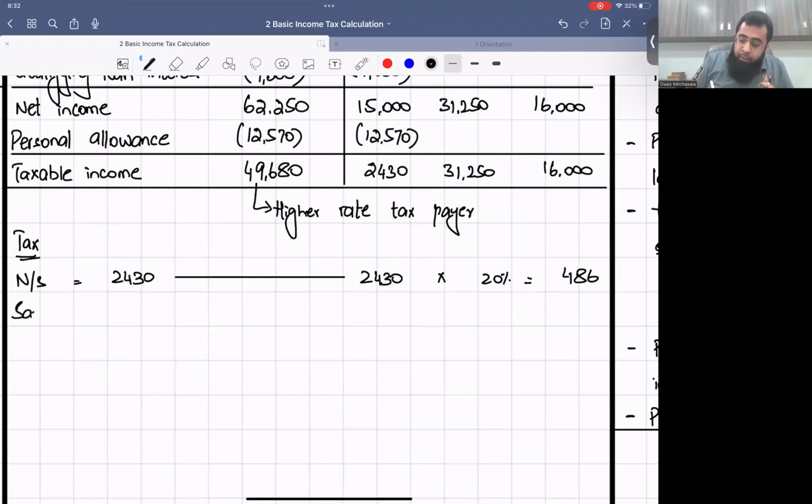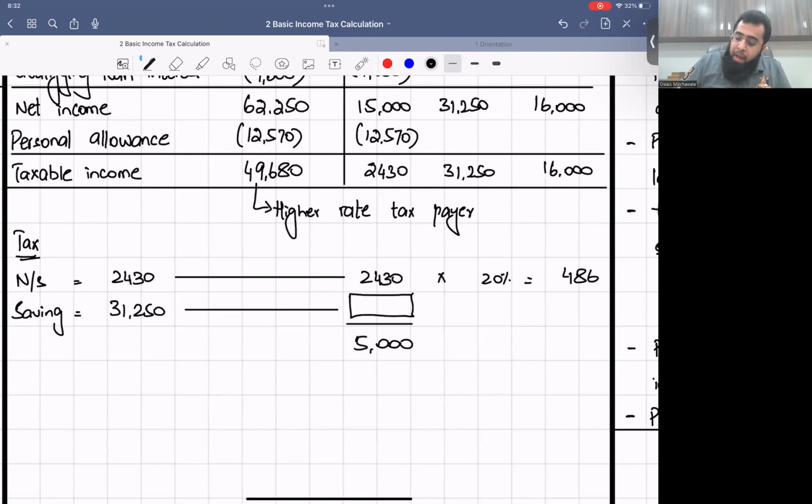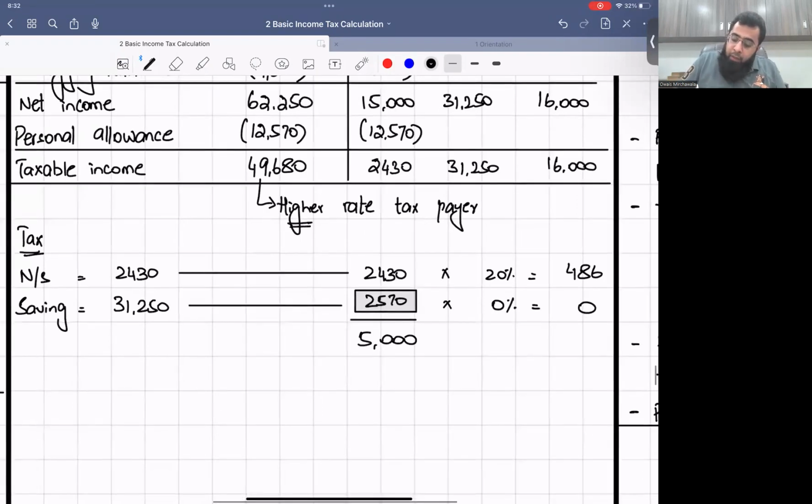Okay, then there is saving income 31,250. If it lies in first 5,000 pounds of taxable income, there is a 0% band. So how much amount? 5,000 minus 2,430. So it's 2,570, which will be taxed at 0%. So it's 0.